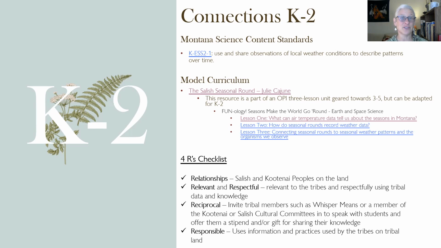By being able to add this to the science curriculum, that is why we don't call them the Next Generation Science Standards. Yes, all of our standards in Montana are based on Next Generation, but we added Indian Education for All into them.